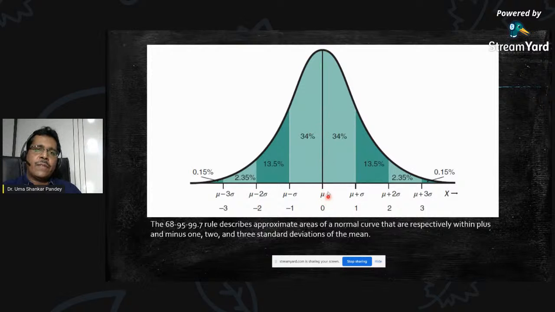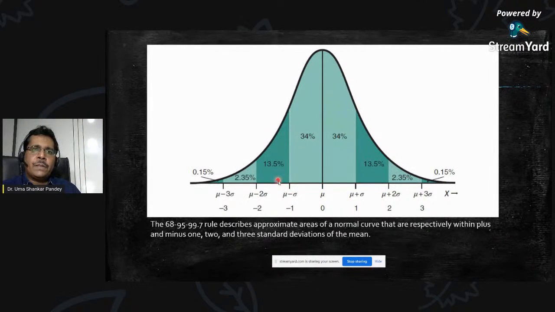Say the mean height is 5 feet 10 inches, then you'll find that the majority of the people, 68% of the people, will be between -1 and +1 standard deviation of that mean height. That is where the population will kind of gather or accumulate.